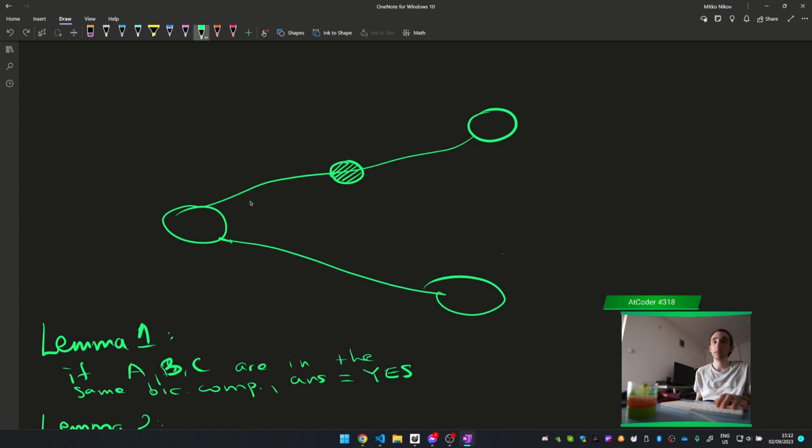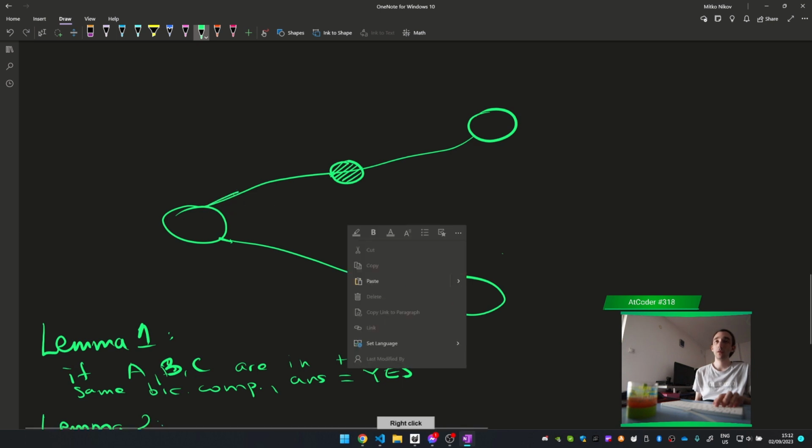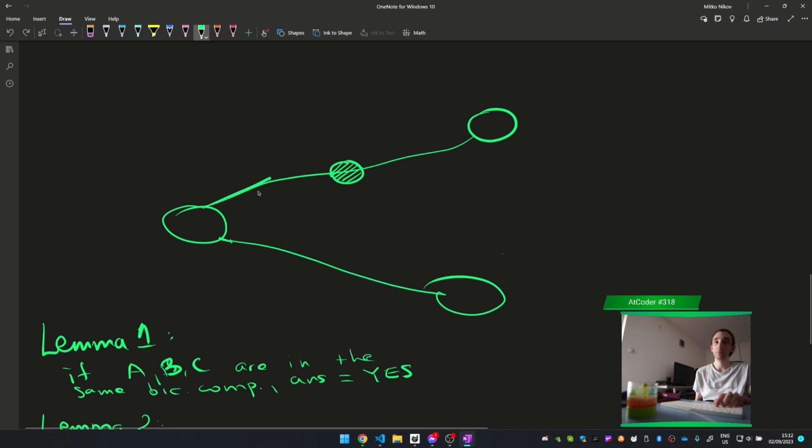It wouldn't be yes if B has one neighbor, of course. It wouldn't be yes if and only if the, something with bridges and articulation points, please.